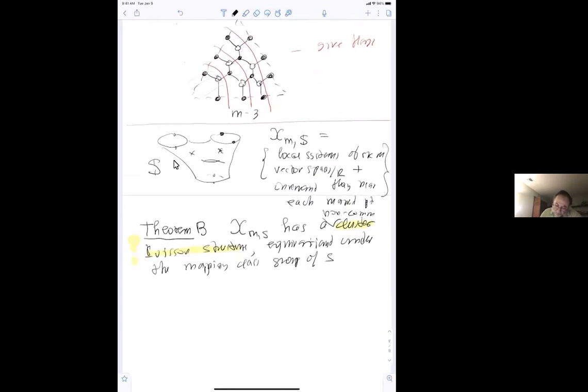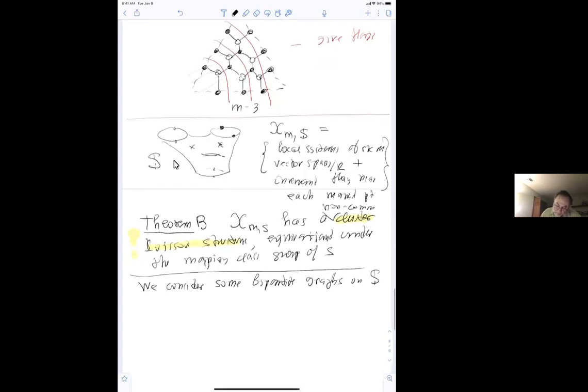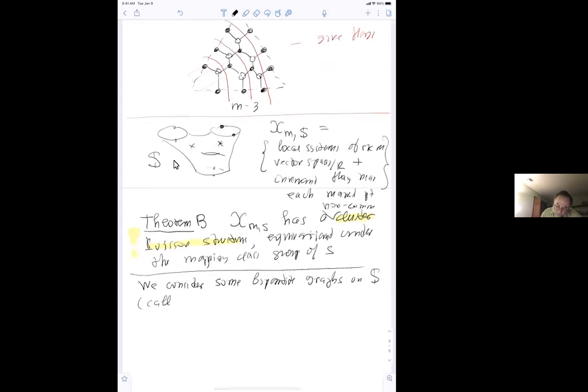Now, to explain what this means, this is done as follows. We consider some bipartite graphs. They are ribbon graphs because they're embedded on S, and they are homotopy equivalent to S. One can call them GL_M graphs.